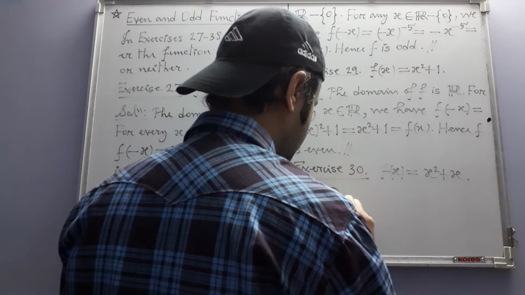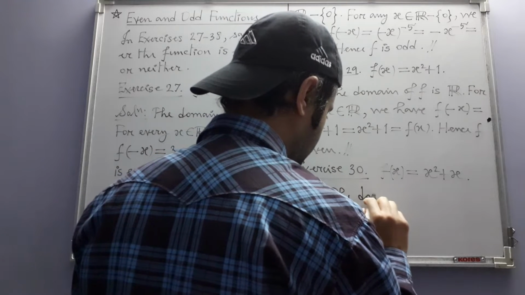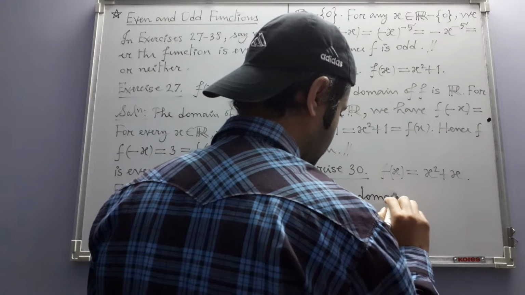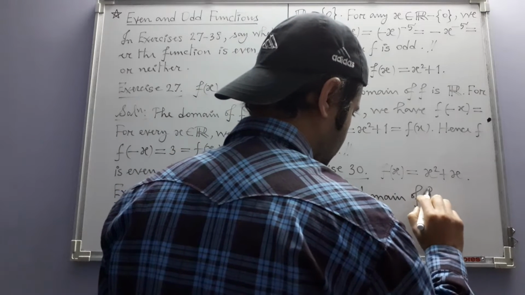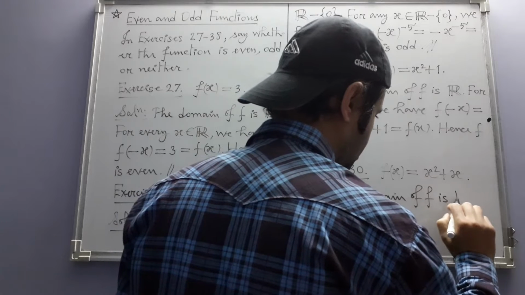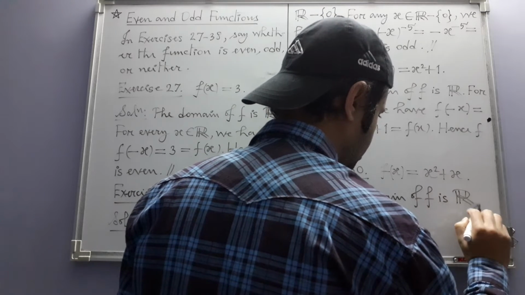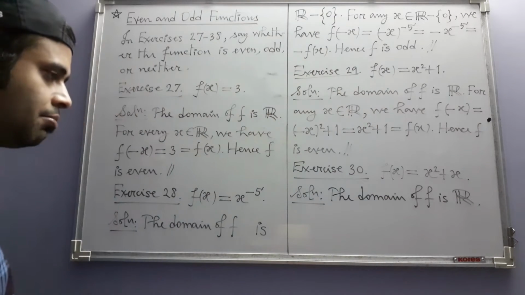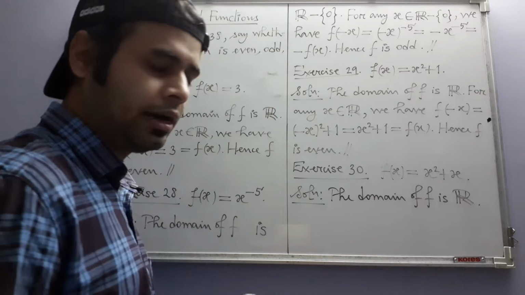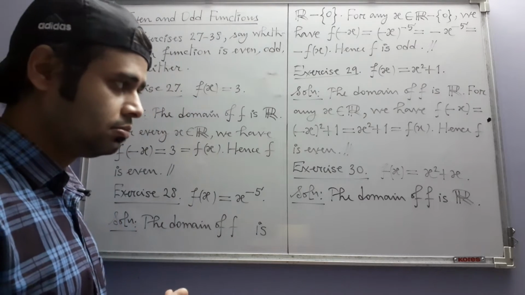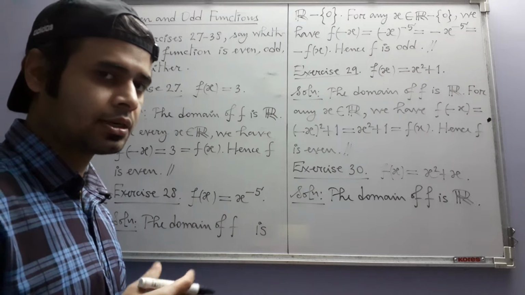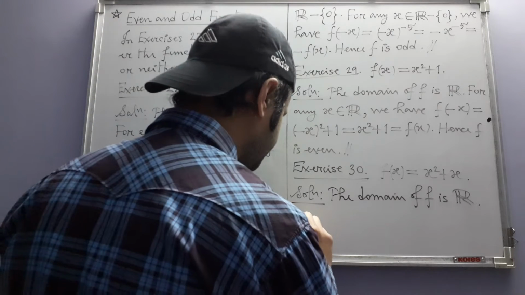So the domain of f is the entire set of real numbers. But here we will see that it's not an even function. It's neither even nor odd.